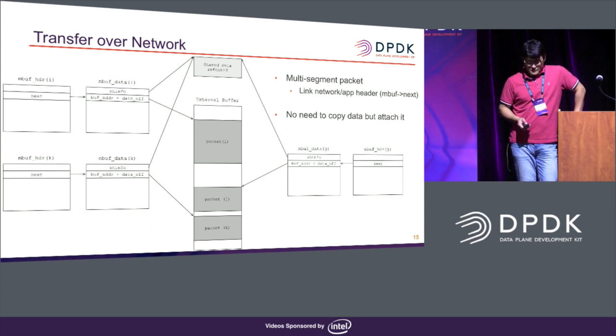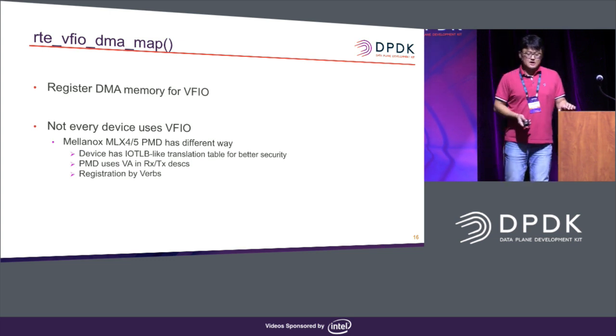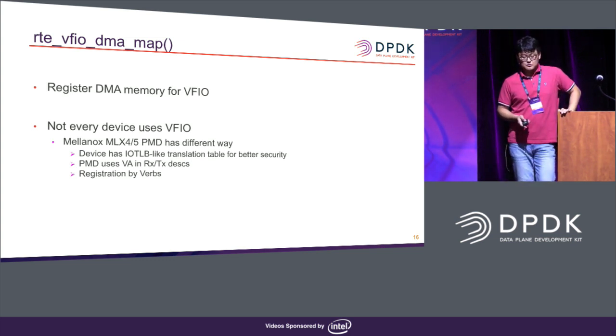Now, I have to mention this API because currently this is the way you can register DMA memory for the external buffer, but not every device uses VFIO. That's the problem.